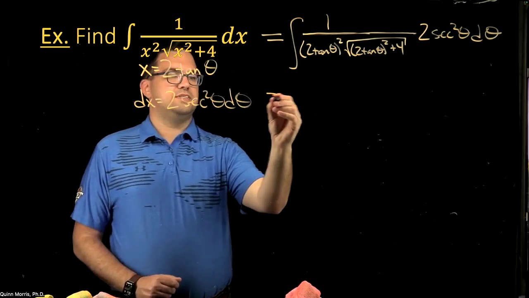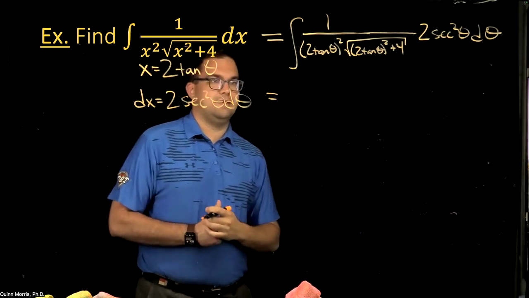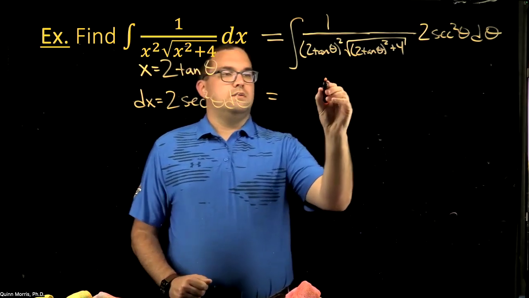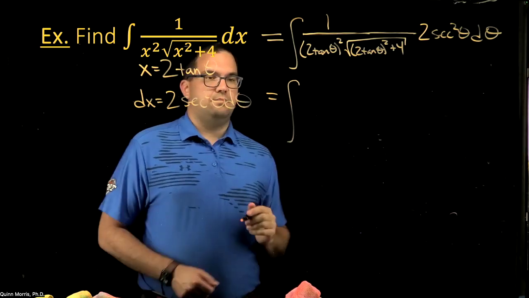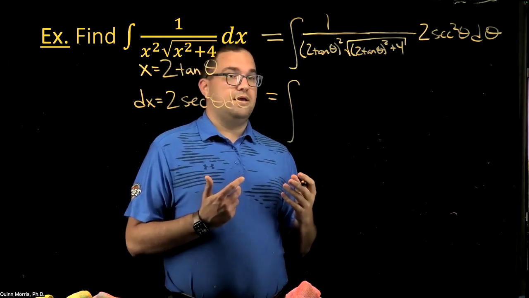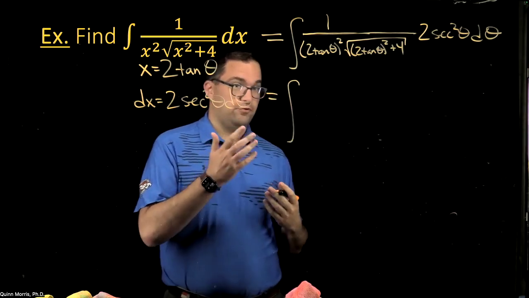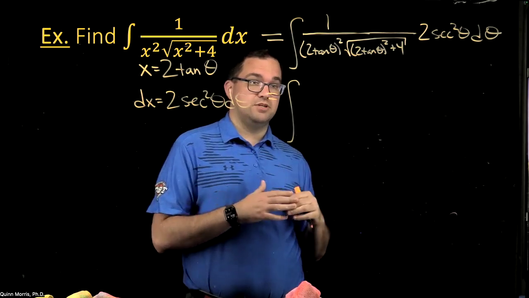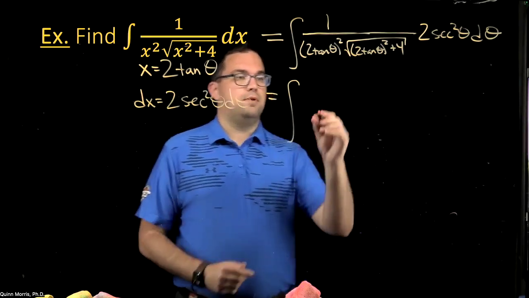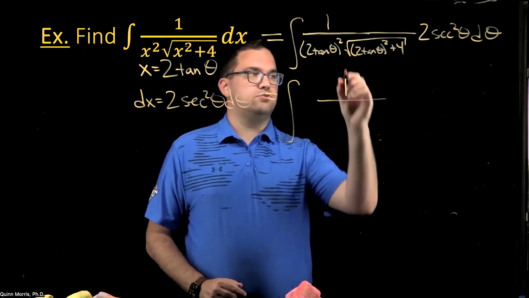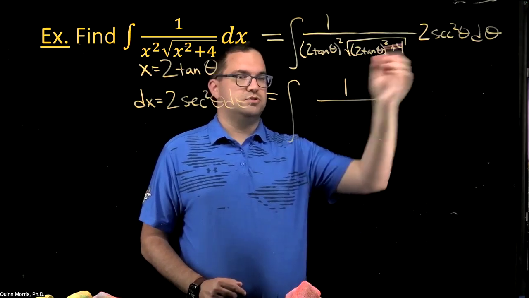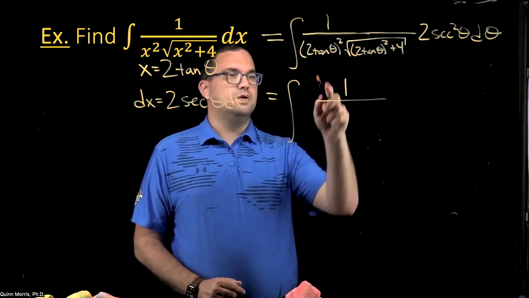Now we set about simplifying the integrand here. I'm going to speed up some of the algebra a bit. If you have questions about it, feel free to email me, or feel free to pause the video and write out some additional steps for yourself. But I want to emphasize the trig pieces of this, not so much the algebraic simplification.